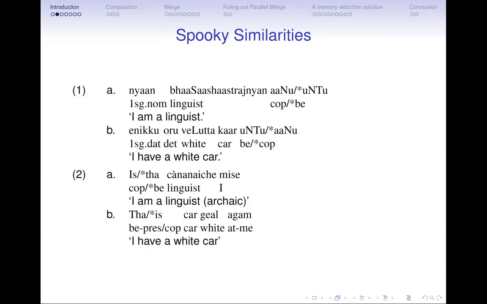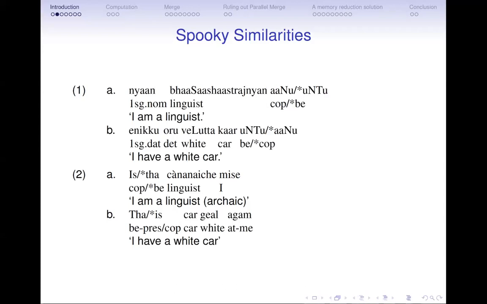In 2, we see examples from Scottish Gaelic, spoken in the Highlands of Scotland. Again, there are two kinds of be-type verbs, one of which is a copula and the other of which is more like the verb to be. At least archaically, you can use the copula to say I'm a linguist. So it's 'is cànanaiche mi', what you see in 2a, and you can't use the other verb. 'Tha cànanaiche mi' is just totally ungrammatical.